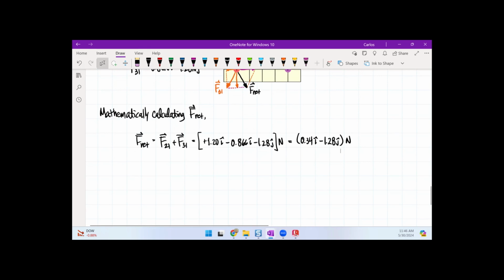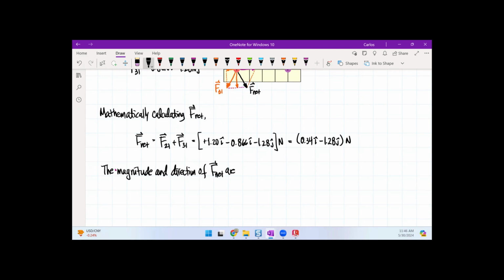So now we could calculate the magnitude and direction of F net.